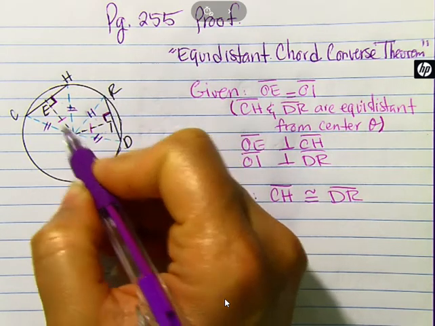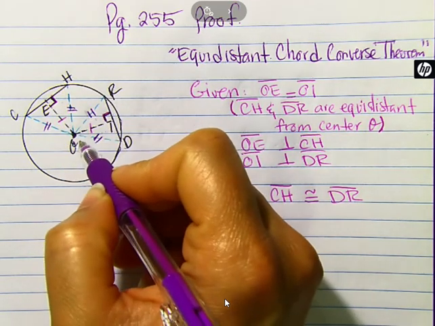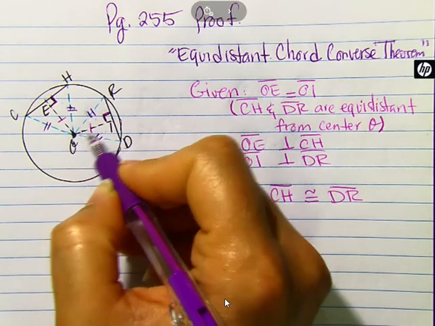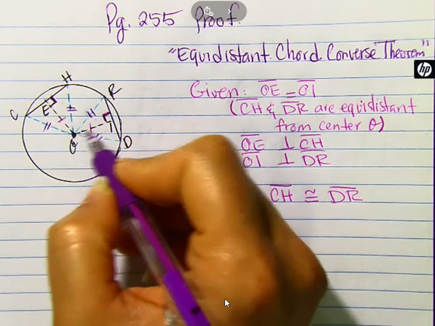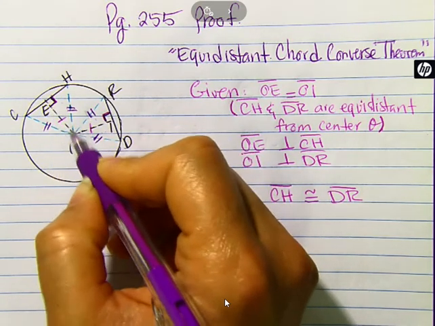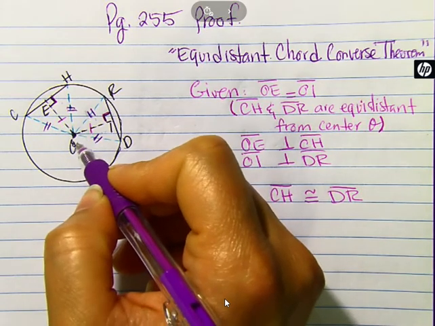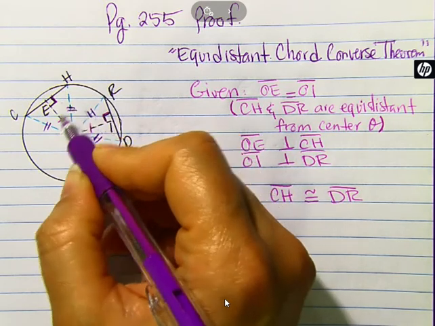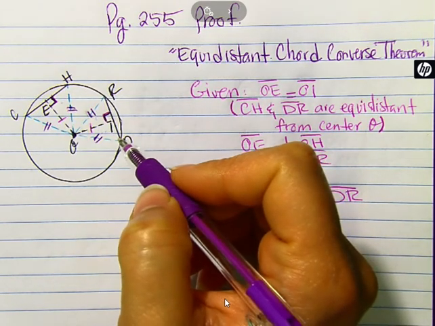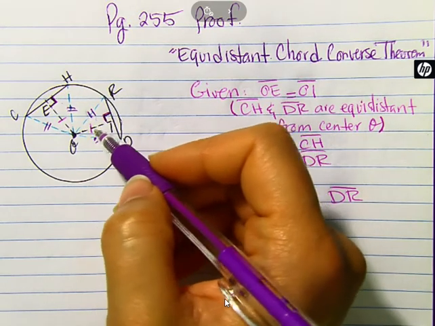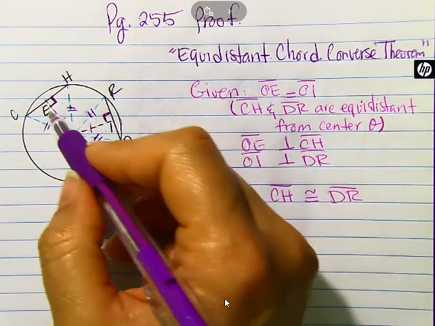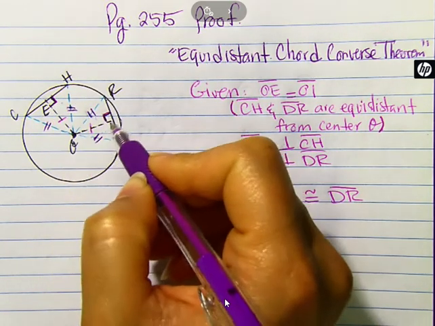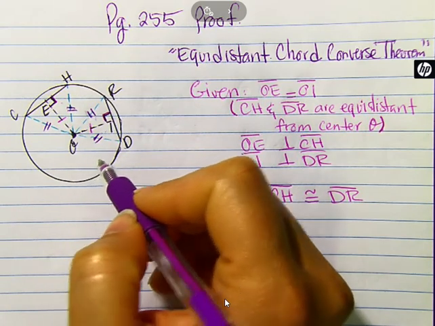IOR is congruent to EOH because they have the same hypotenuse measure, being radii in the circle, and because OI and OE are congruent because they are given to be equidistant from the center of the circle. Therefore, these two triangles are congruent by the HL right triangle congruence theorem. Now I can safely say that all four triangles, EOC, EOH, IOD, and IOR are all congruent.